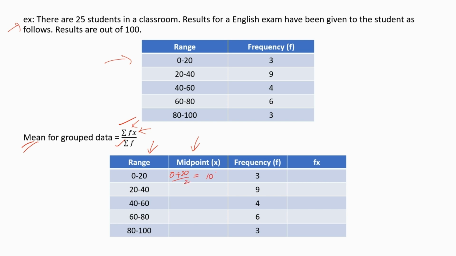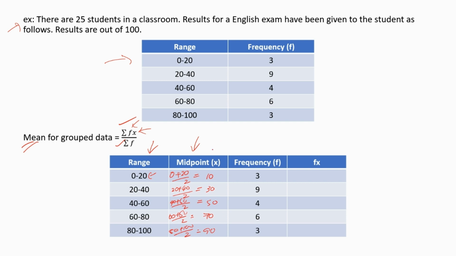So 10 is the midpoint of the 0 and 20 range. So these are the x values.